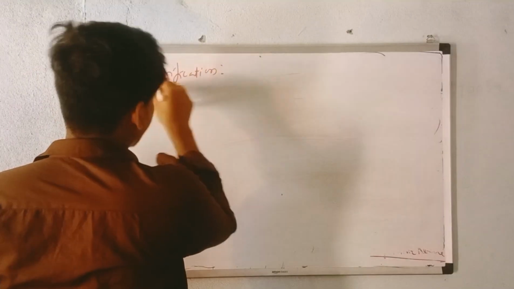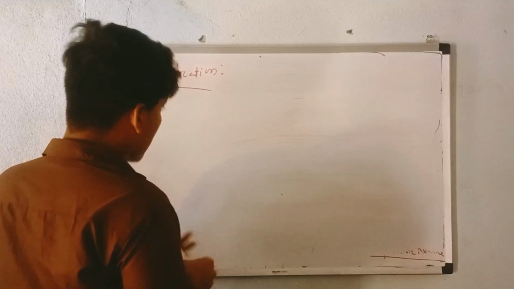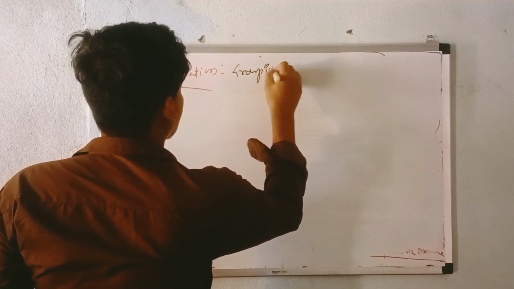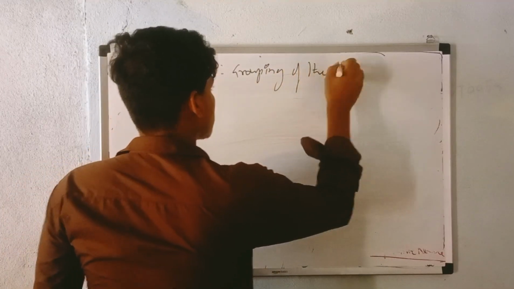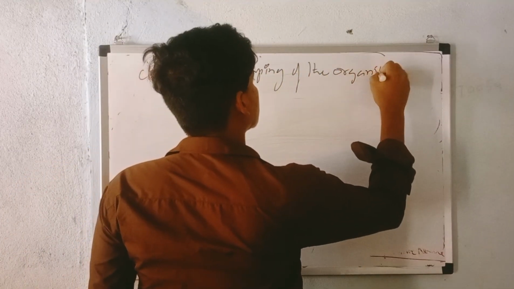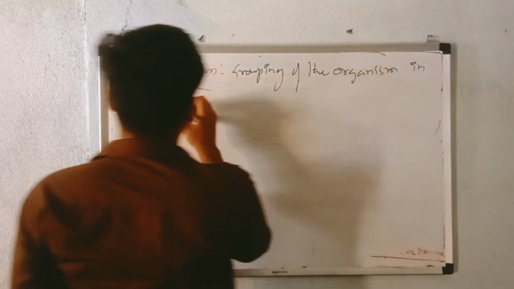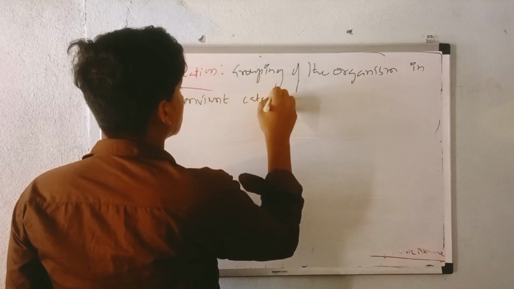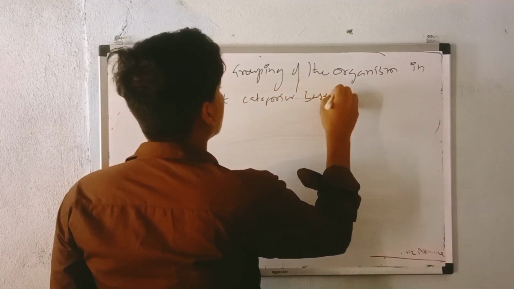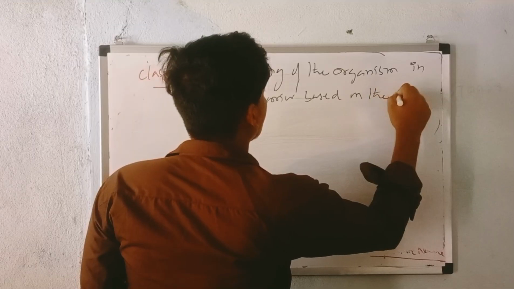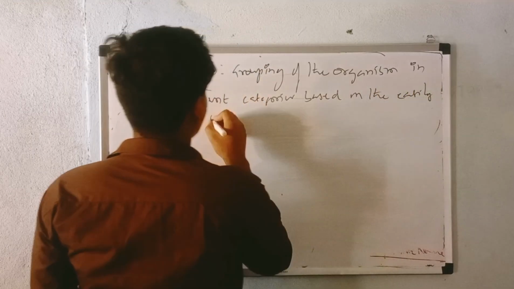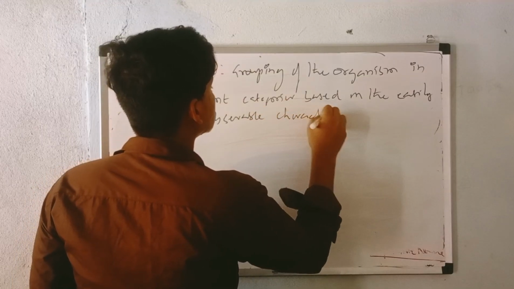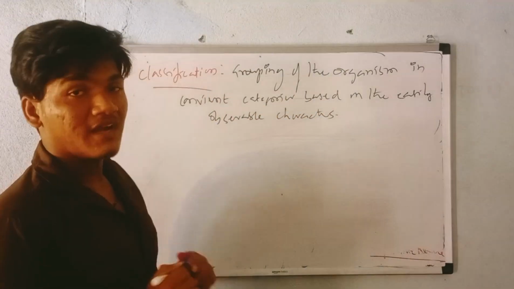Classification is the grouping of organisms into convenient categories based on easily observable characters.